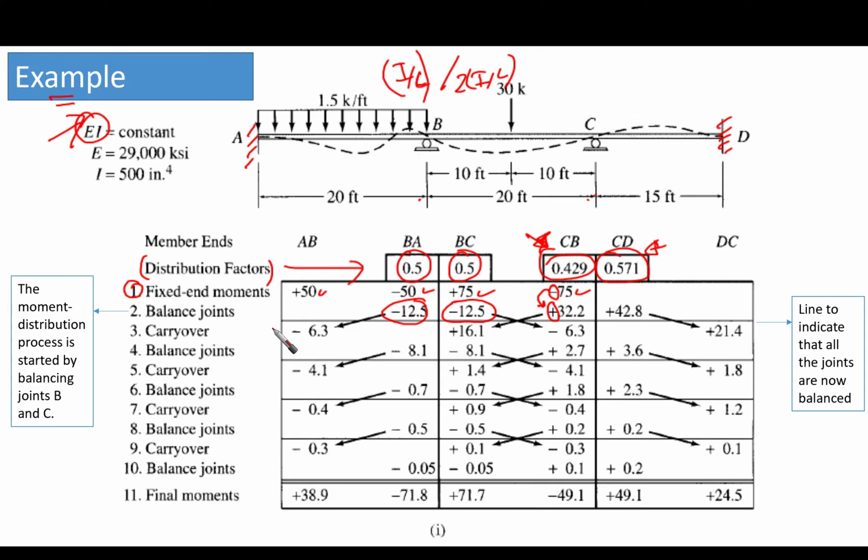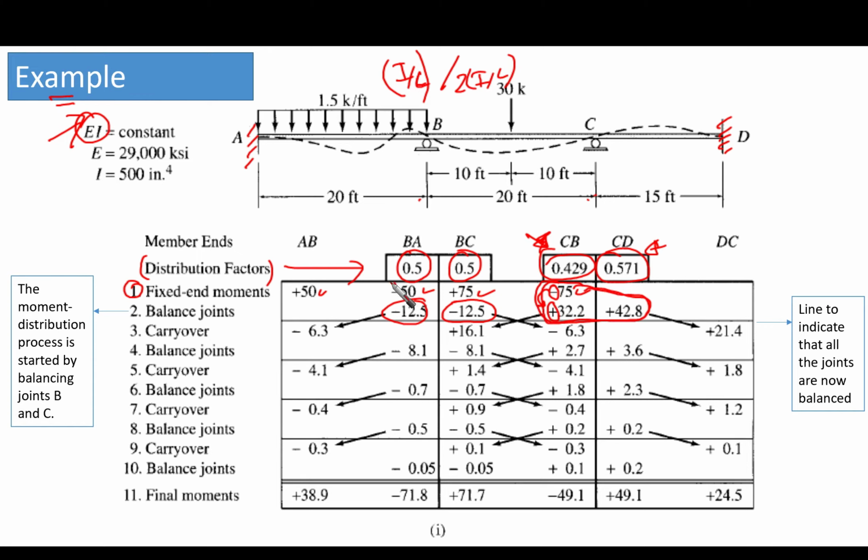Then you draw this line here to indicate that all the joints are now balanced. Because now at point C, if you calculate these three moments inside this loop, or one cycle or one cell, you are going to find that their summation is 0 because it is a balanced point.